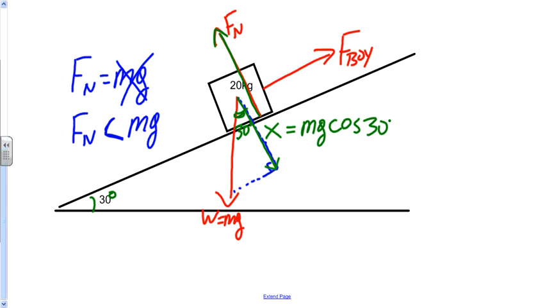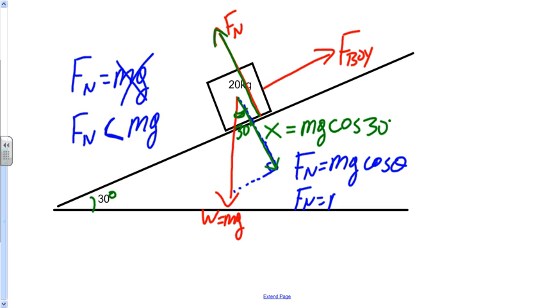And since again, it's opposite in direction to the normal force, I'm going to go ahead and tell you the normal force equals mg cosine theta, and in this case, normal force equals m, which was 20 kilograms, times g, times cosine 30 degrees. Awesome, so that's that piece.